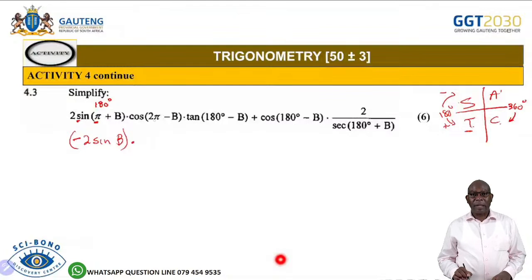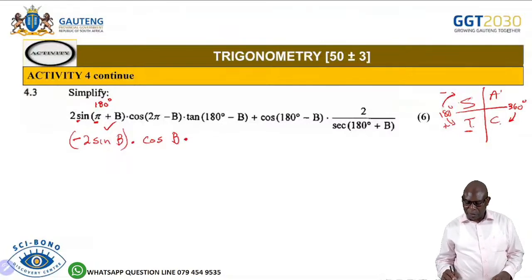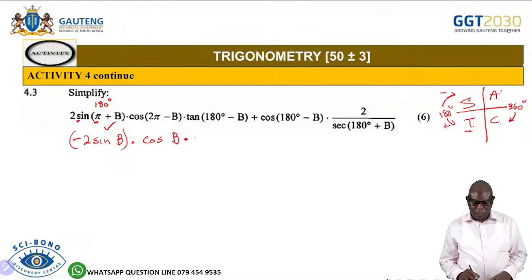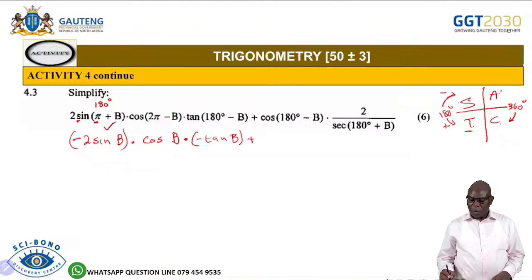That one we have already done in the last slide, so we got the cos of b. I'm not going to give you a mark for that because we've already given a mark for that. The tangent of 180 minus, so 180 minus falls in this quadrant, there's no t, so I'm going to put a negative term of b, plus cos 180 minus, there's no c there, so I'm going to put a negative, multiply that.